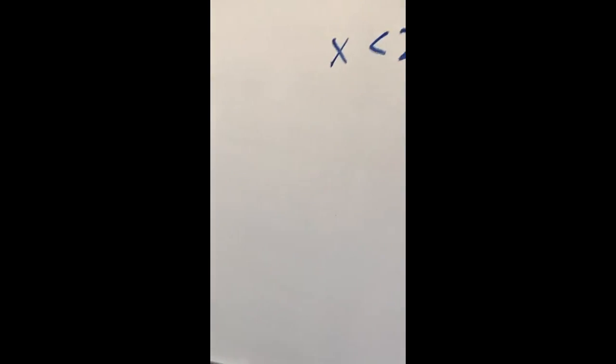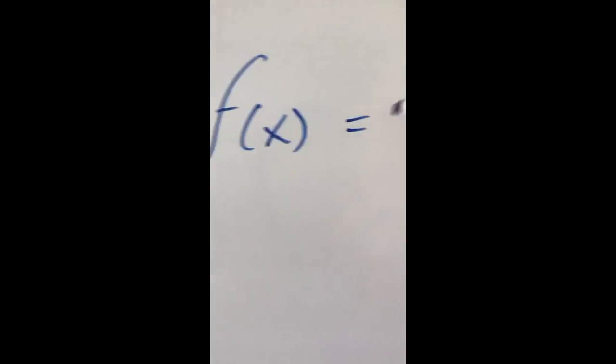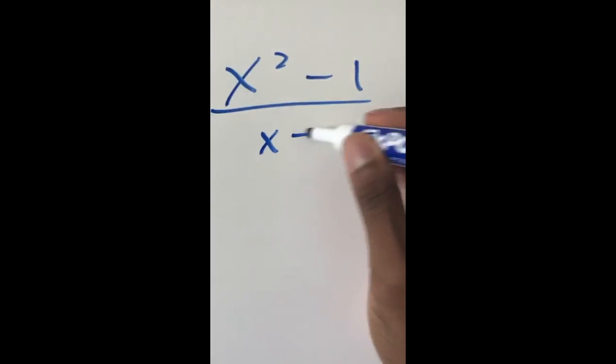And my next example is just one where f of x, or I guess f of c, doesn't exist at all. So my next example, f of x equals x squared minus 1 over x minus 1.